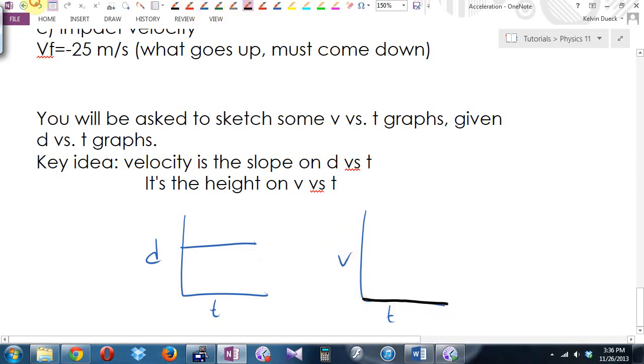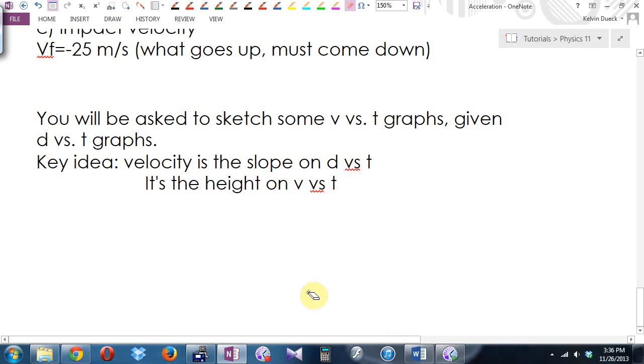Oh, hey, let's get really tricky. What if I had this? That would be an increasing velocity, getting steeper, getting steeper, getting steeper. Okay? So I'm going to give you some graphs to do quick sketches of a before and after kind of a dealie.